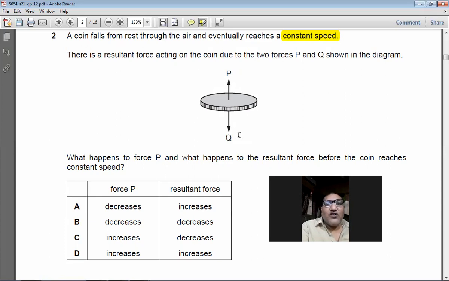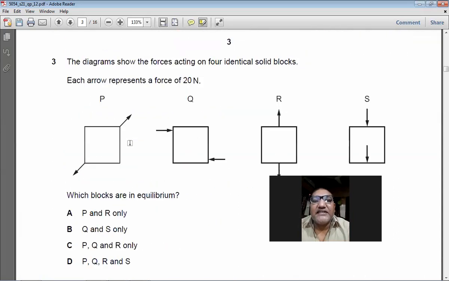So the value of P will be increasing and the resultant force will be decreasing. I think C is the best choice.